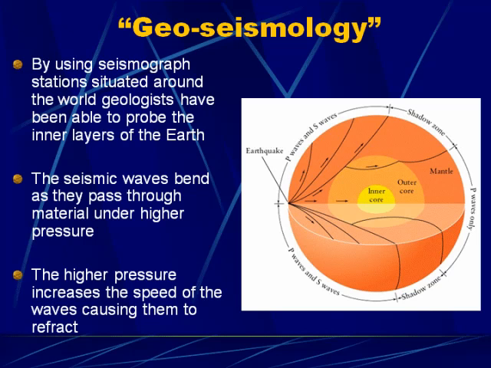It allows us to see that we have a solid inner core, a liquid outer core, a somewhat solid mantle, and a solid crust. We know their density. We know their basic composition from density and the speed of the waves through here. We know just about everything we need to know about the interior of the Earth because of these seismic waves.